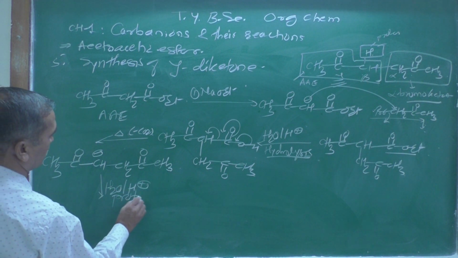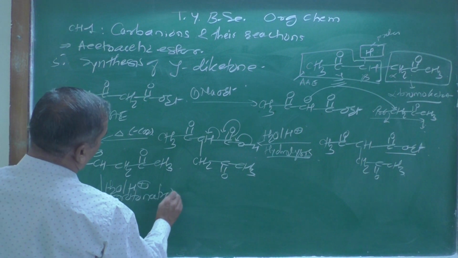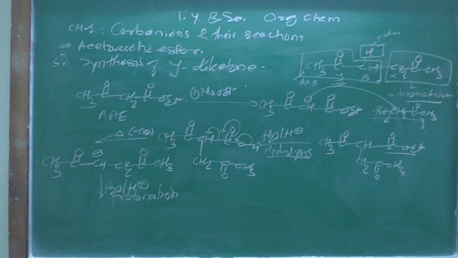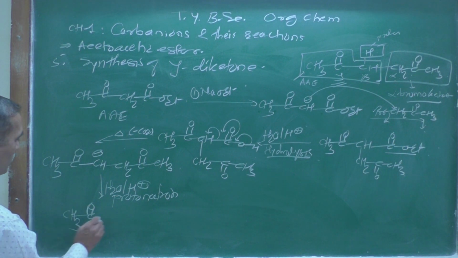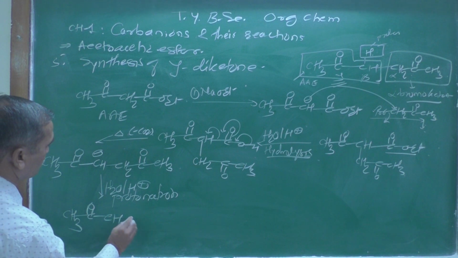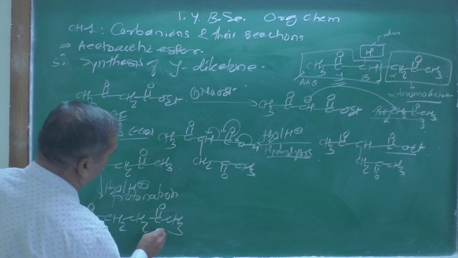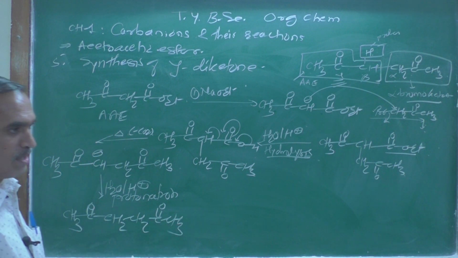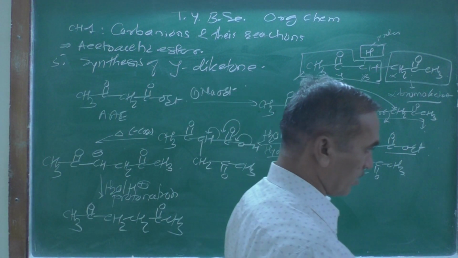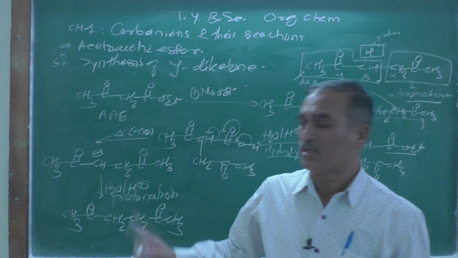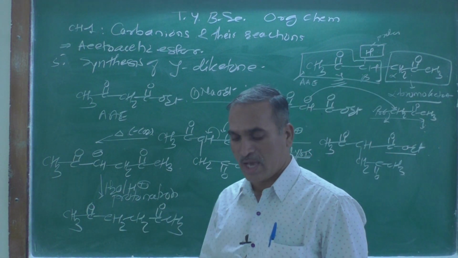Once you carry out the protonation, you are going to get your desired product, CH3, C double bond O, CH2, CH2, C double bond O, CH3, which is your target molecule.